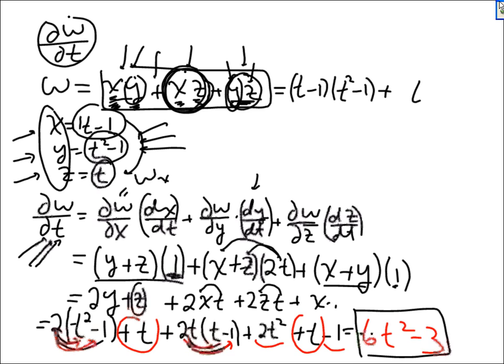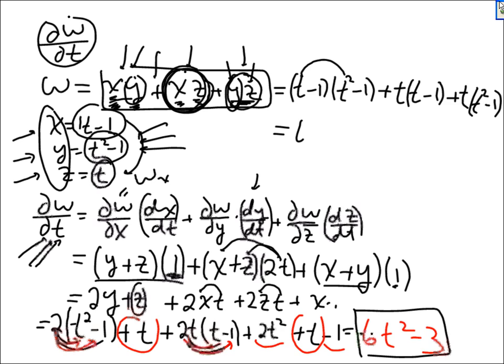This is t minus 1, that's x, times z, plus yz. I'll write the z first, and y is t squared minus 1. Now I'll multiply out.